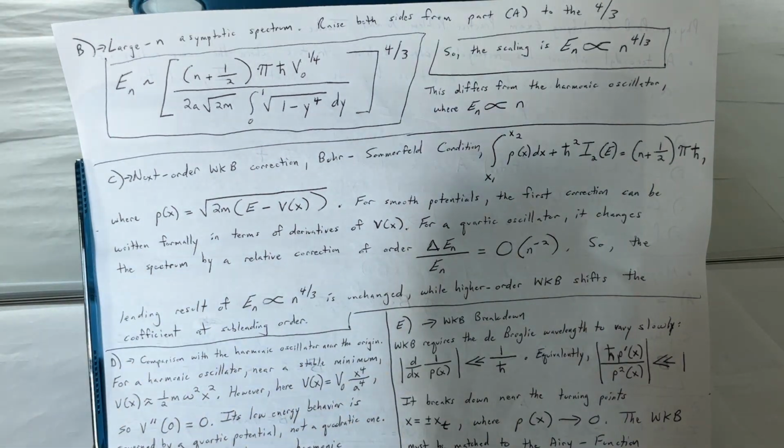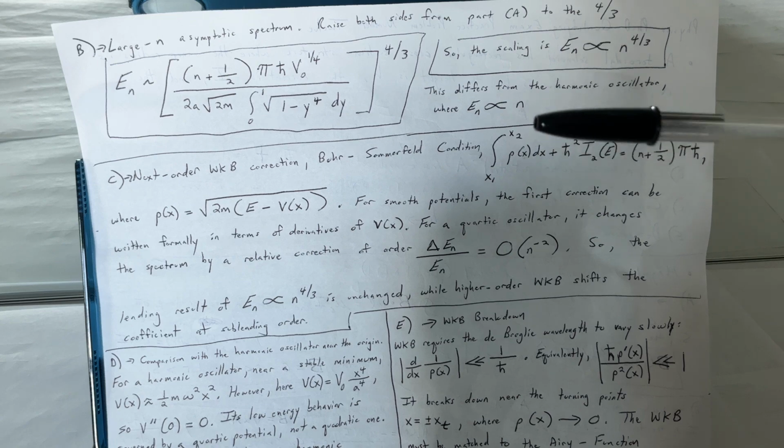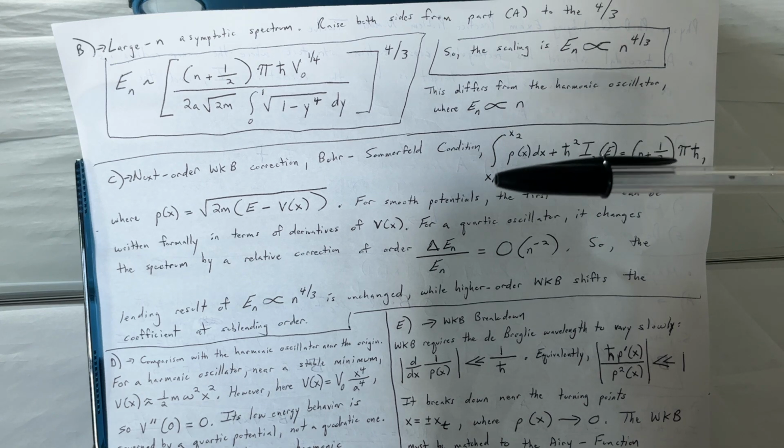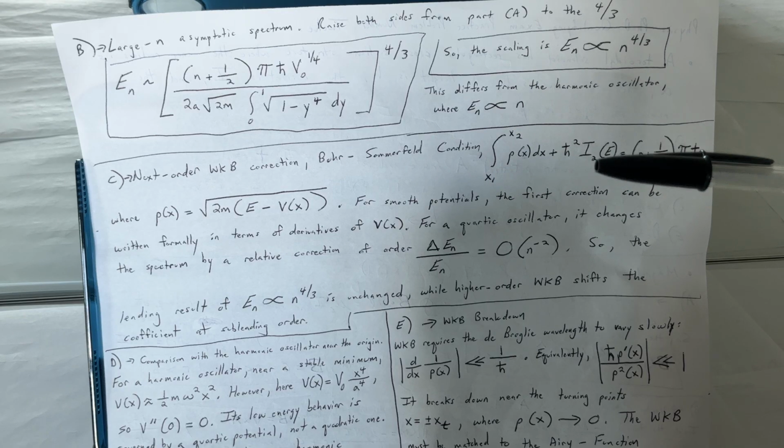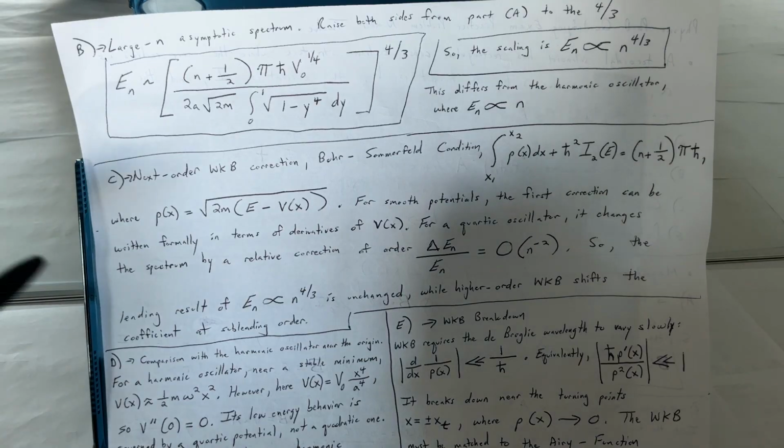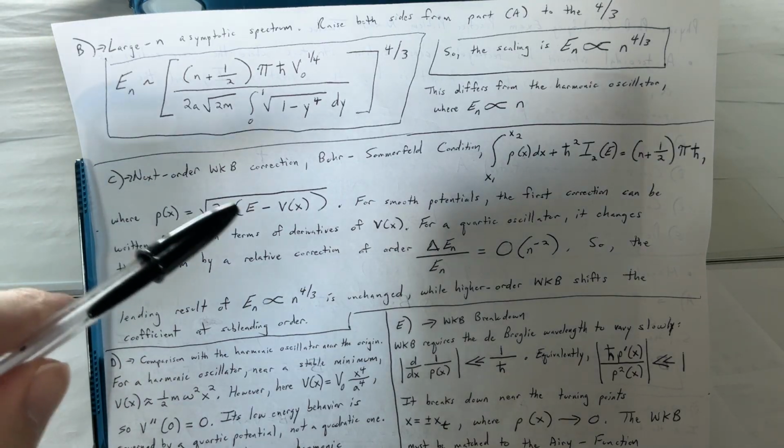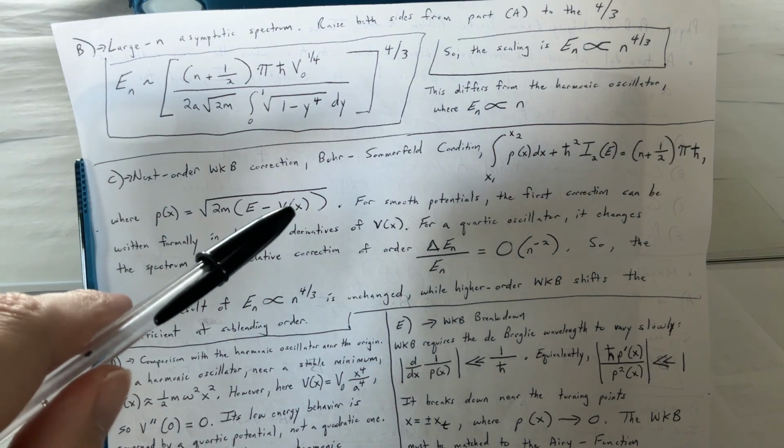Part C, they want us to compute the first correction to the semi-classical phase arising from next order WKB terms. So for part C, the next order WKB correction, if we write the Bohr-Sommerfeld condition here in schematic form, the integral from x sub 1 to x sub 2 of p of x dx plus h bar squared I sub 2 of E, that's going to equal the quantity n plus 1/2 pi h bar. And that's going to be where our p of x equals the square root of 2m times the quantity E minus V of x.